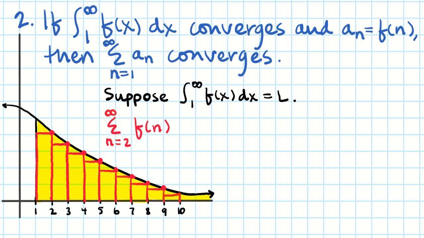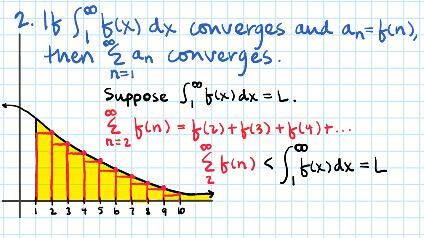Okay, so that's going to equal f of 2 plus f of 3 and f of 4 and so on. But in this case, I can see that the series adds up to something less than the integral. Okay, now I know the integral converges to L, so this tells me that the sum from 2 to infinity of f of n must converge.